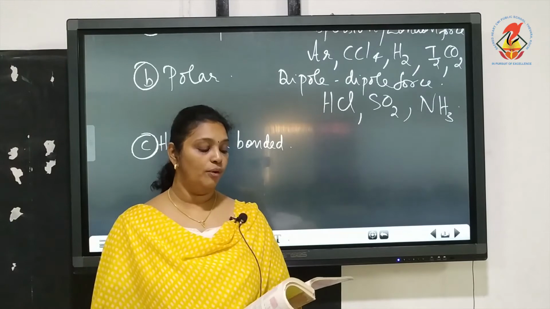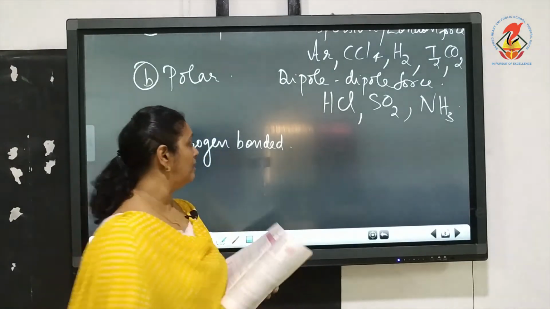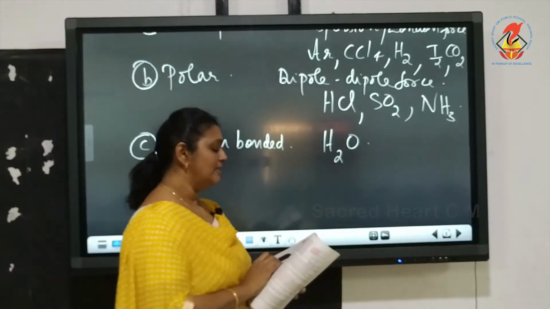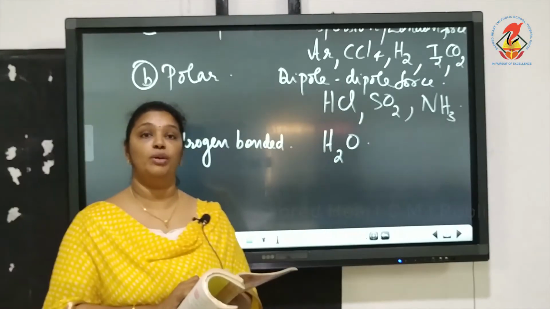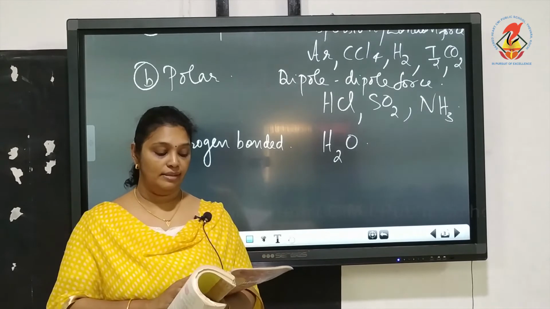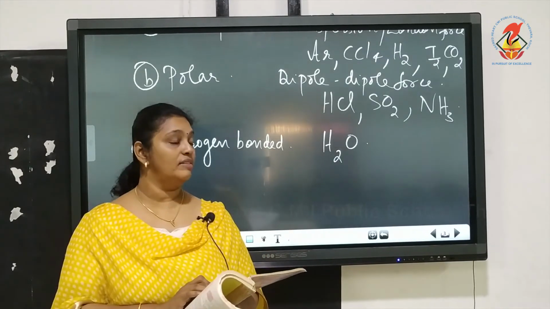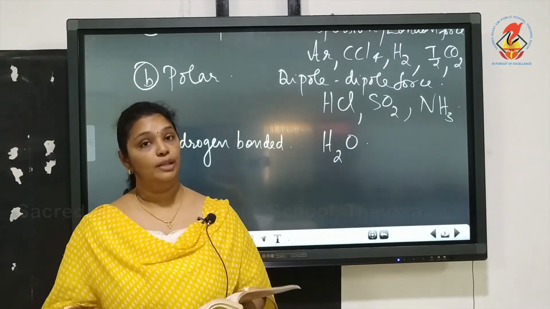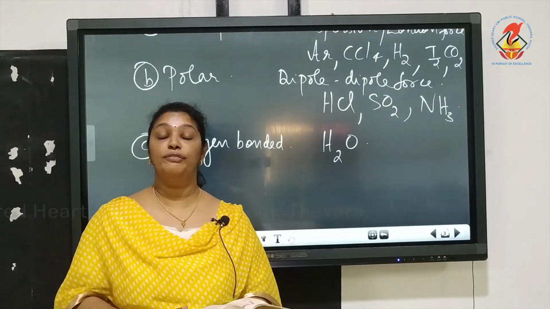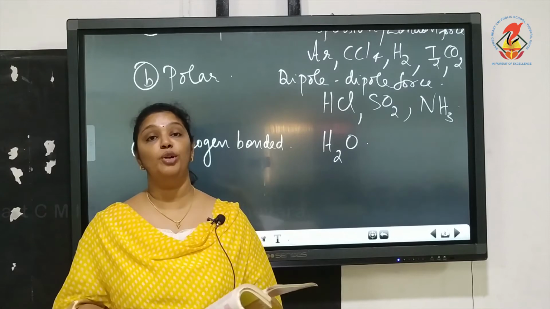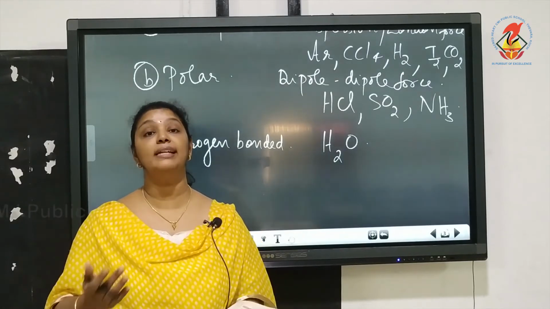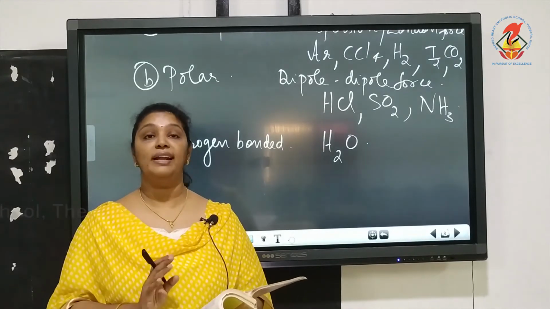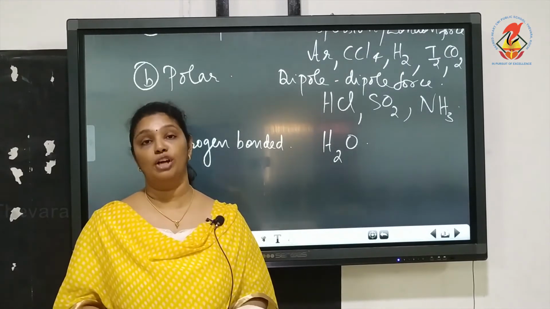Now, an example for hydrogen bonded molecular solid is water. The physical state of this hydrogen bonded molecular solid is hard, and in electrical conductivity, they act as insulators, and the melting point is also very low. So, this is about the first type of crystalline solid, that is molecular solids, which is again classified into three types, that is non-polar, polar and hydrogen bonded molecular solids.